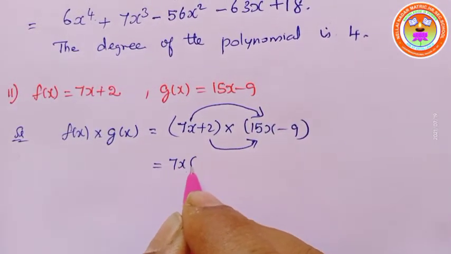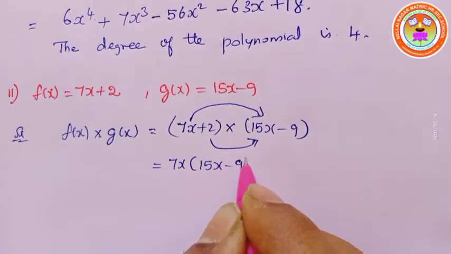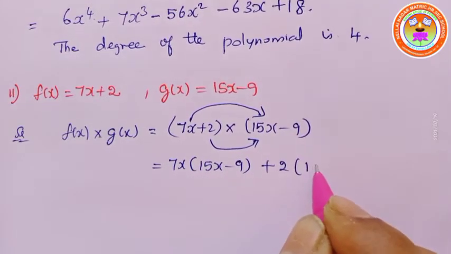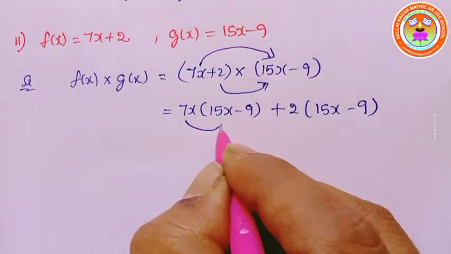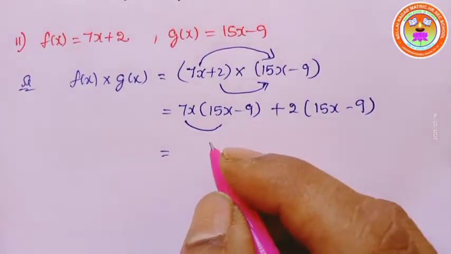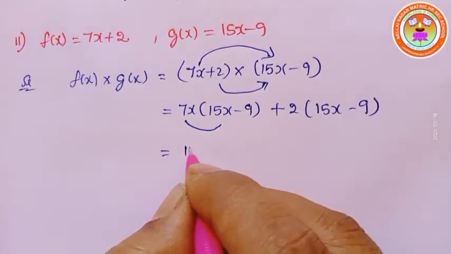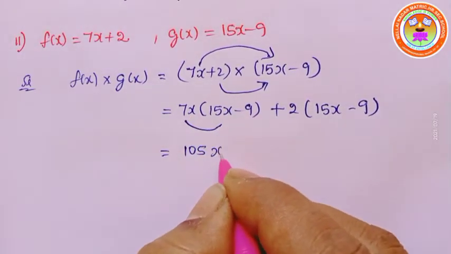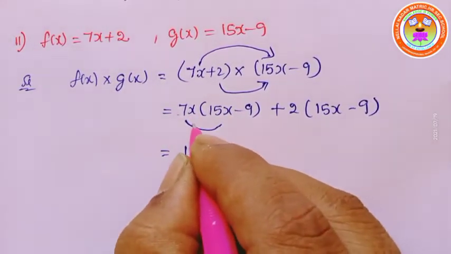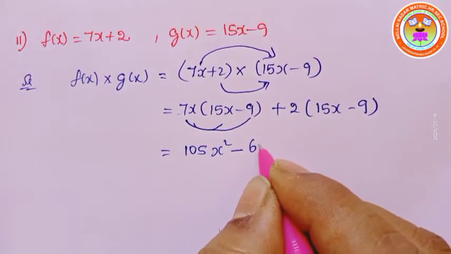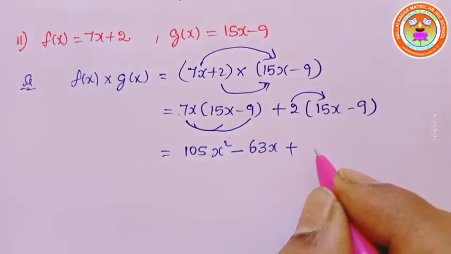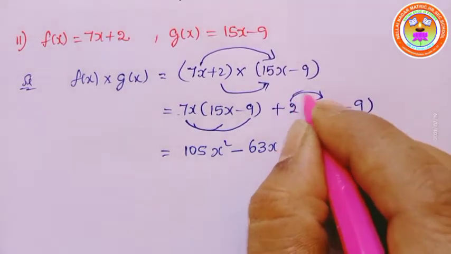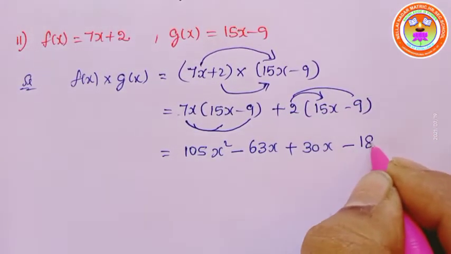So 7x into 15x minus 9 plus 2 into 15x minus 9. Now multiply children. 7 into 15: 7 15s are 105. x into x, x squared. Plus into minus is minus, 7 9s are 63x. Plus 2 into 15 is 30x. Plus into minus is minus, 2 9s are 18.